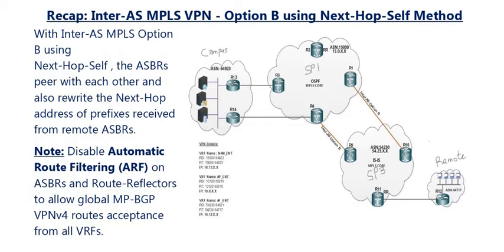And note, you have to disable the automatic route filtering feature on the ASBR in order to allow multiple VRF entries on the table of the MP-BGP on each of the ASBRs. In cases where you are using a route reflector, you also have to disable this in that case. And sometimes you may not have to if you are rewriting route target on the ASBR.